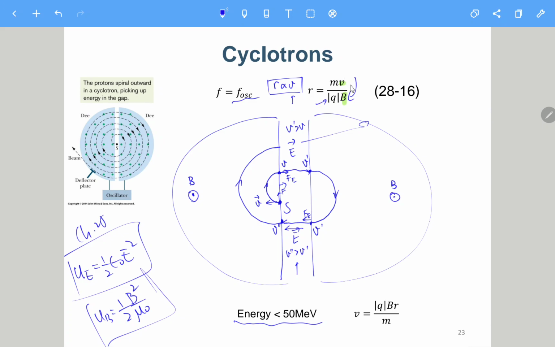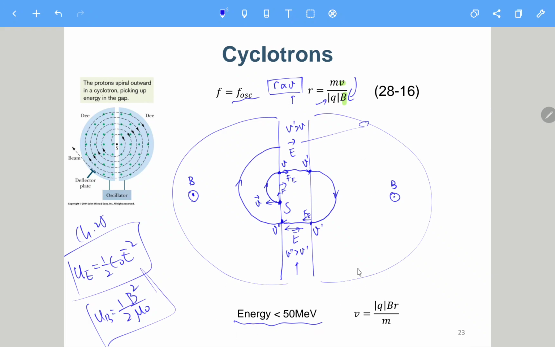it will also limit the velocity, because this is the radius. The largest radius is fixed. If the largest radius is fixed and the B field is small, then V can only be smaller. So we need a larger B to make a larger output velocity.